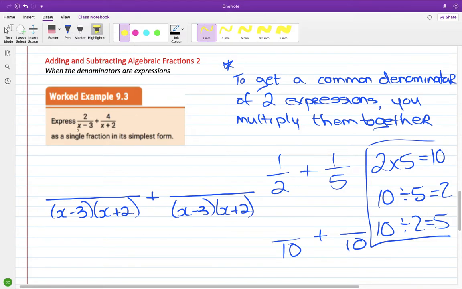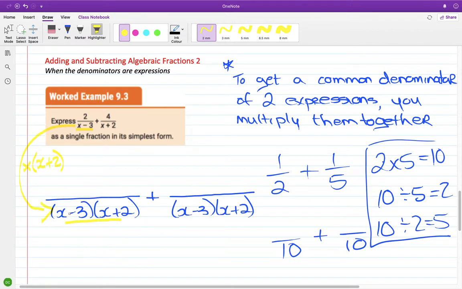You're going to change the denominator from being this to being this. So in order to go from x minus 3 to x minus 3, x plus 2, what do I have to multiply by? Well, what you have to multiply by is x plus 2. So if you multiply x minus 3 by x plus 2, you will get this.